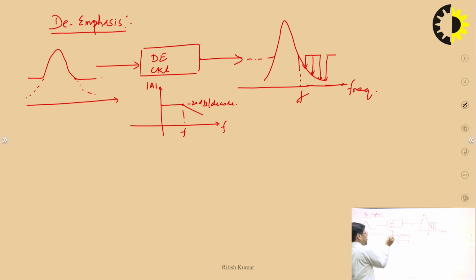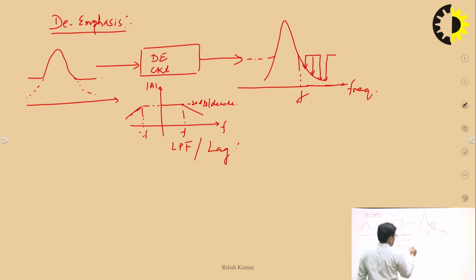If you make it for the negative frequency range, it looks this way. So this system looks like a low pass filter, or we can say a lag compensator. Just do the opposite of whatever you are doing at the transmitter side, right? Generally it has the neutralizing effect of the pre-emphasis process.